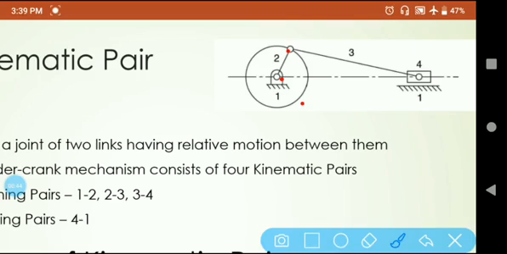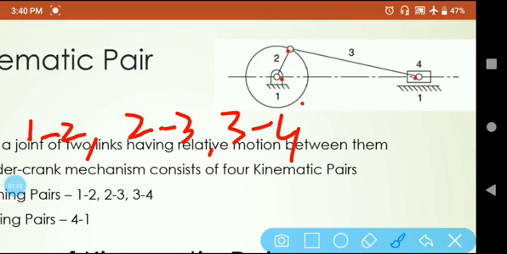There is a joint between 3 and 4, and there is a joint between 4 and 1. So how many pairs are there? There are 4 pairs: 1, 2; 2, 3; 3, 4; and 4, 1. A pair is always designated by 2 links.